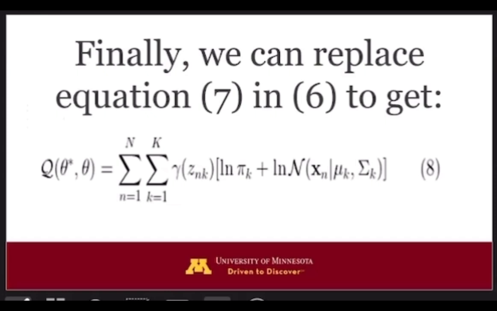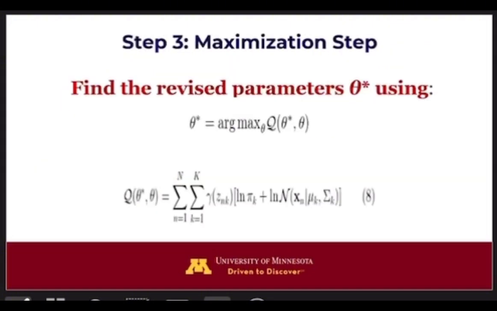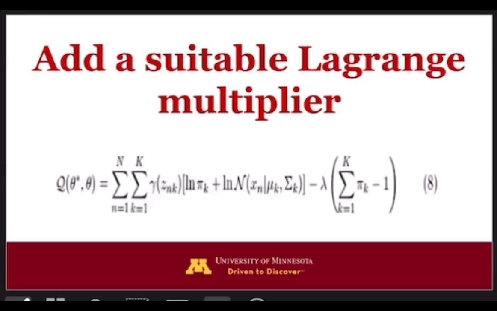But there's something that is missing in this equation. What is missing is that we did not impose a condition on the mixing coefficient, because the sum of the mixing coefficients must be equal to 1. Because of that, the optimization we want to do now will be a constrained optimization, and that is what is going to take us through today. Look at equation 8. What have I done? I'm adding a Lagrangian multiplier.